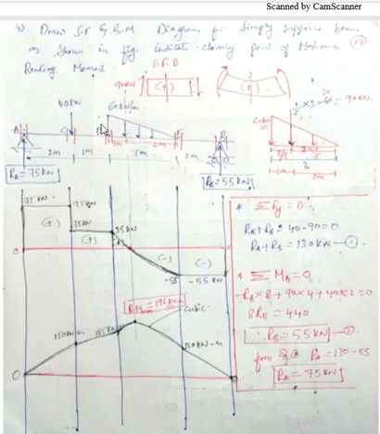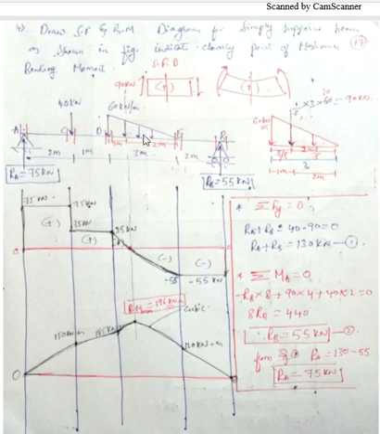For converting the UVL into a point load, here he has given that the UVL has a load intensity of 60 kilonewton per meter and it is acting over a distance of 3 meter on the beam. Now to convert the UVL into a point load, as I told in the previous class, we need to consider the area of this triangle.